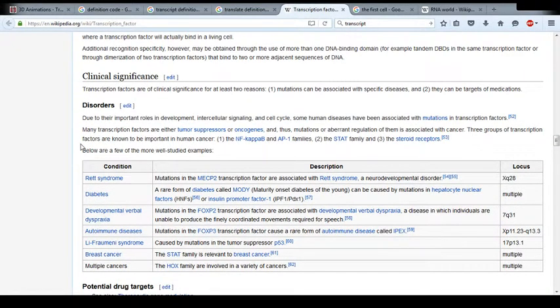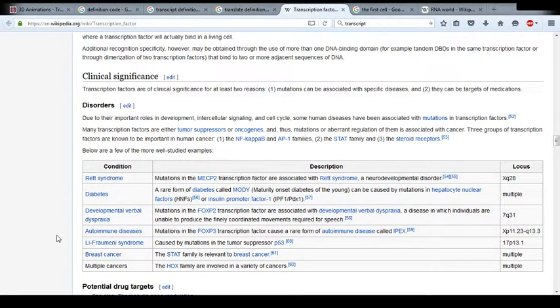So let's see what happens if we have a mutation in these transcription factors. Do we expect that through mutations these transcription factors kind of evolved in different species? What happens when we have mutations? Do we get something better or something worse?